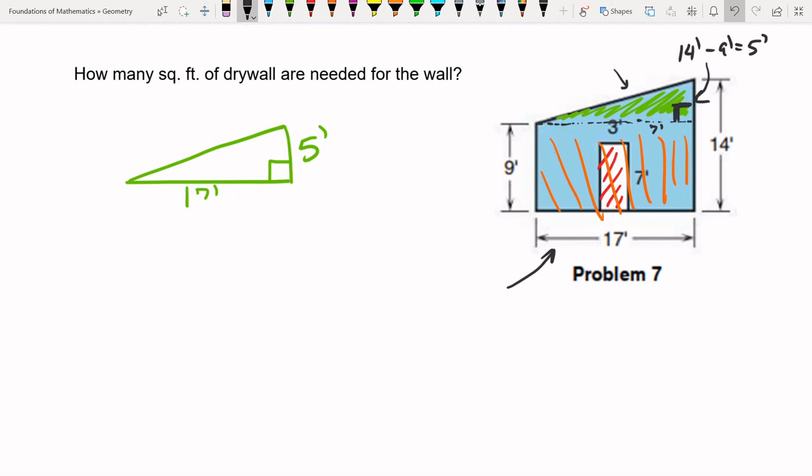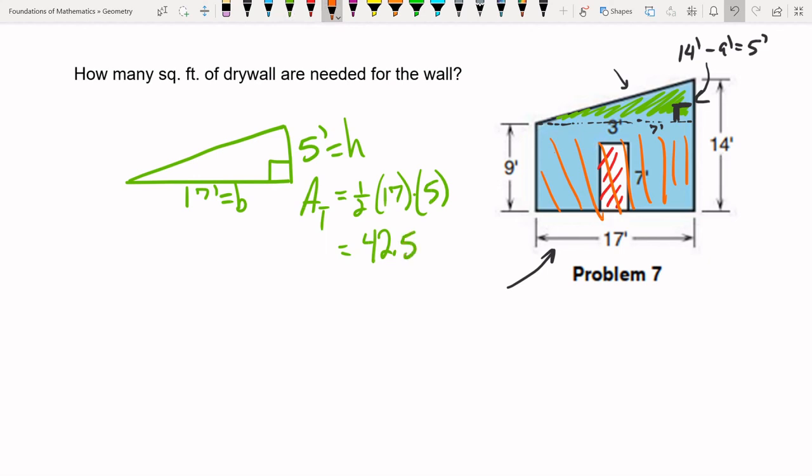That's a right angle right there. So this is our height, and this is our base. So the area of this triangle is going to be 1/2 base times height. That gives us 42.5.